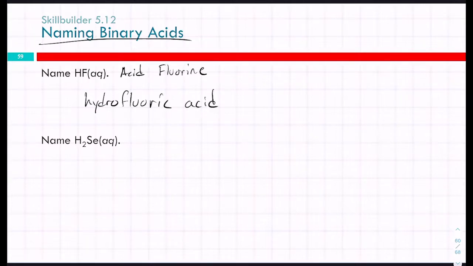Acid. Oh, there's another one. But what would this one be? Or what's the first part? Hydro. Se is selenium. Hydroselenic acid.